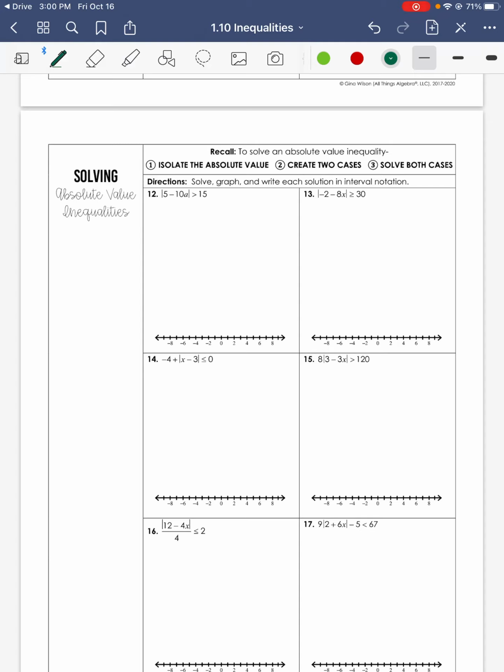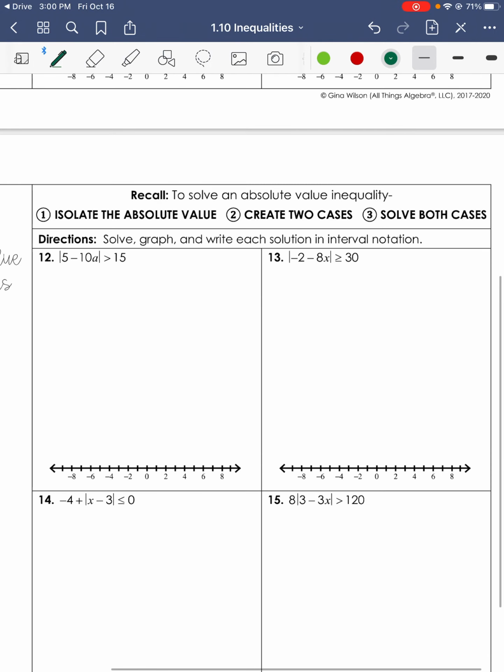Okay, so let's talk a little bit about why it becomes a compound inequality. So let's look at these steps here. To solve an absolute value inequality, isolate the absolute value, create two cases, and then solve both cases.